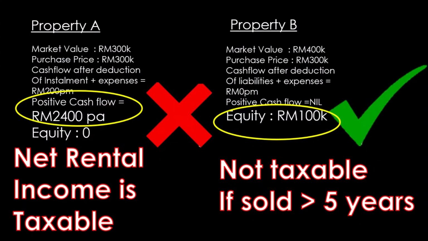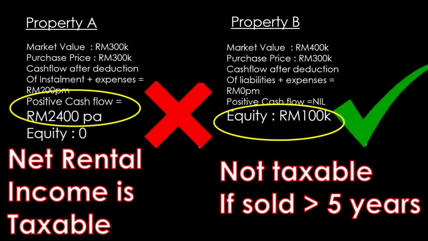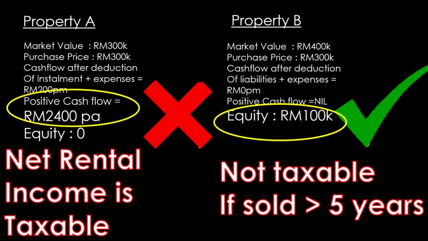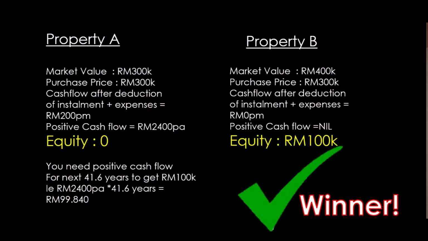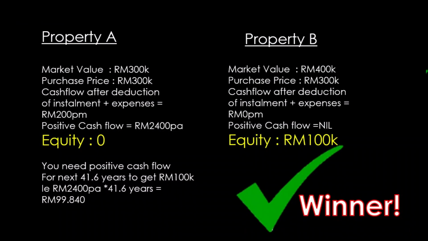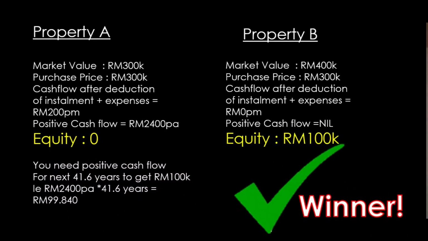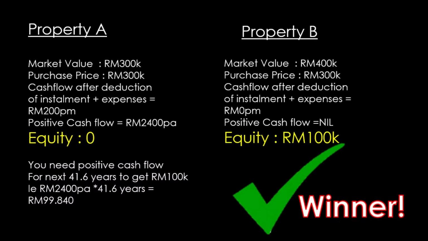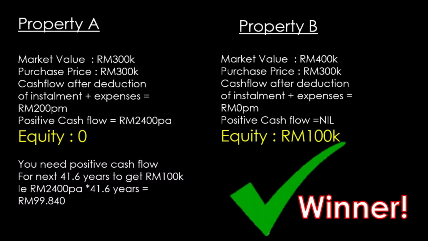And 5 years later, 10 years later, as your mortgage is being amortized over the years, the principal would have been paid down to a lower level, and at the same time this will mean an increase in your equity. So now you know that after looking at the calculation, definitely property B is way better than property A, even though property A is able to give you positive cash flow of 200 a month.